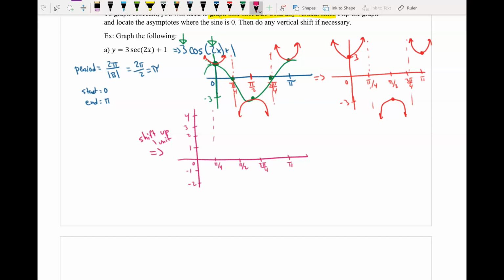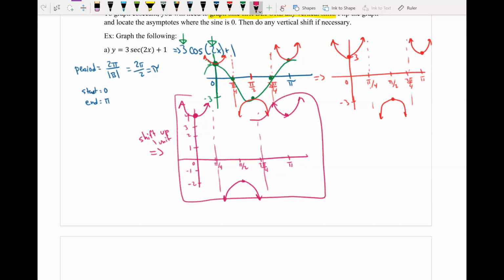So we're going to have our asymptotes at pi over 4 and at 3 pi over 4. Everything's going to be shifted up 1 unit, so now this guy's at 4. Shift up 1 unit, now I'm at -2. Shift up 1 unit, now I'm at +4 again. So my graph is going to be all of this. That looks really ugly, but here we go. That's my graph right there.